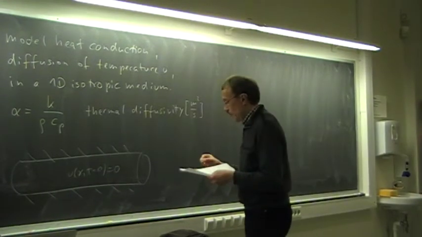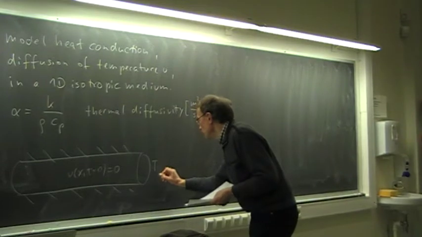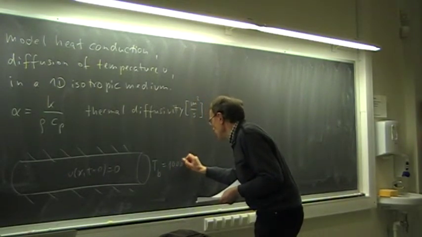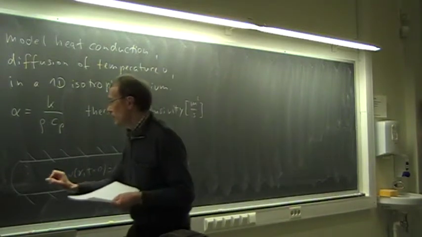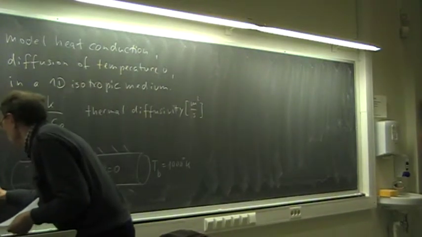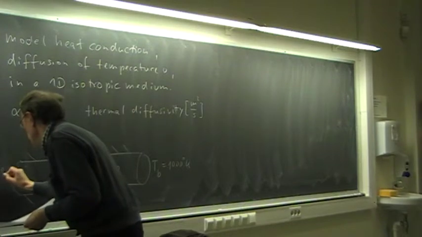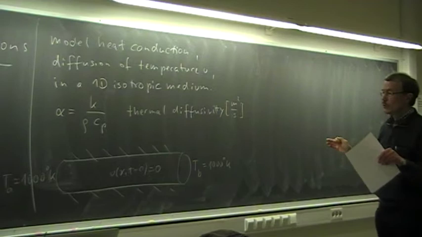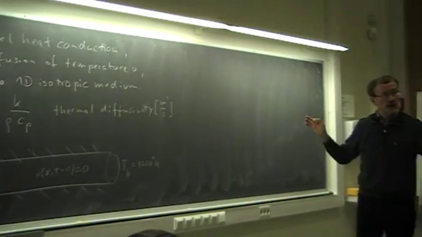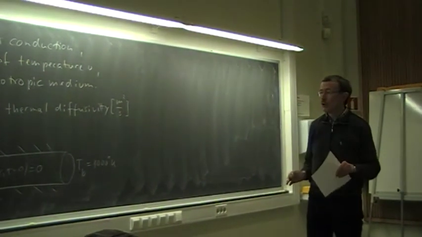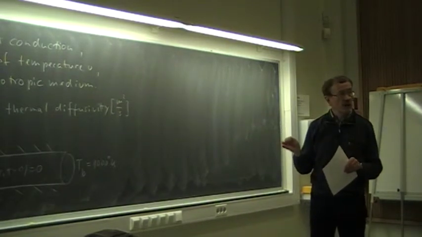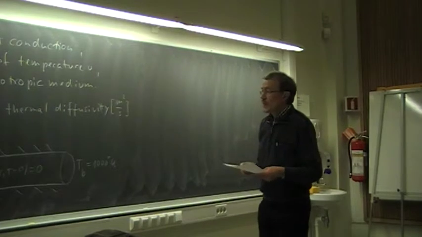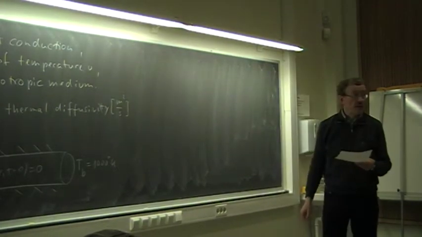And then, in my example, I'll heat it: call this TB, the right-hand side, to 1000 degrees Kelvin, and on the left it is also heated to 1000 degrees Kelvin at t equals 0. Then we want to observe how the heat, in that case the temperature, moves into the rod and how the temperature changes inside the rod. So that would be an example that we could model by a heat equation.